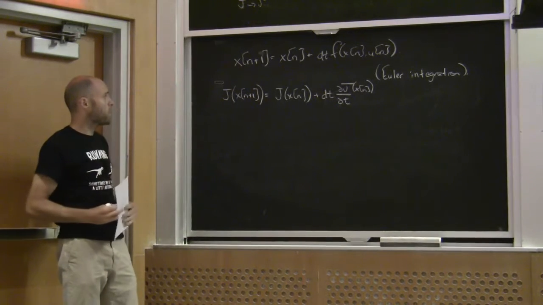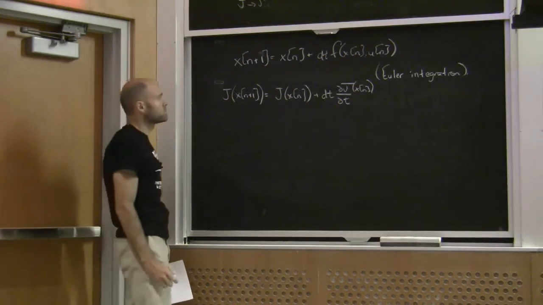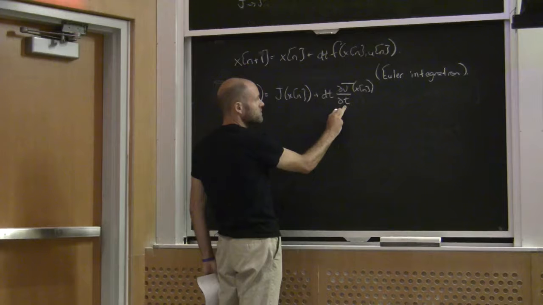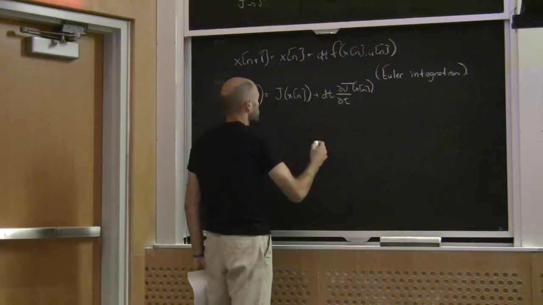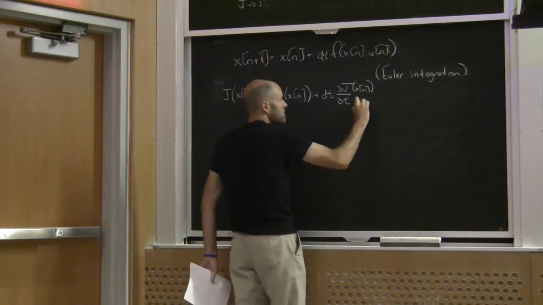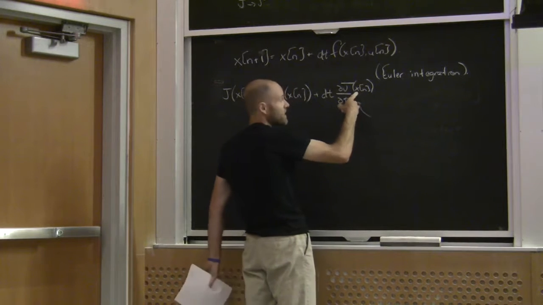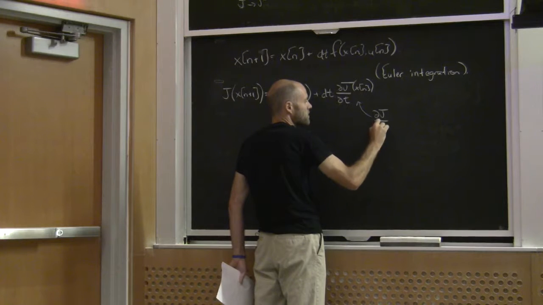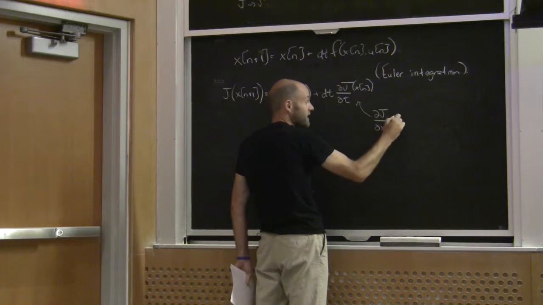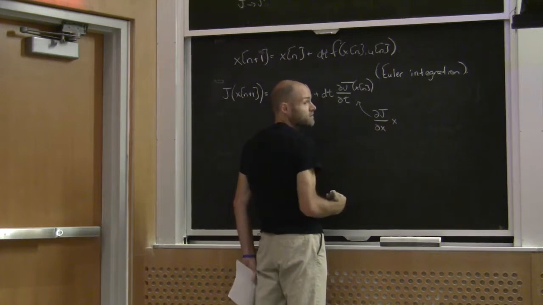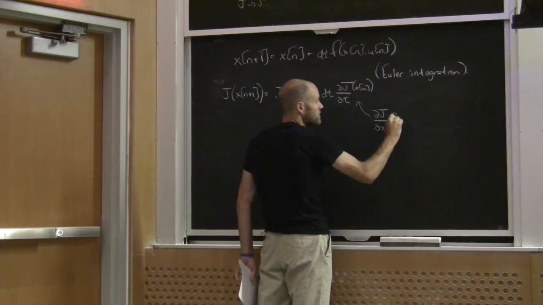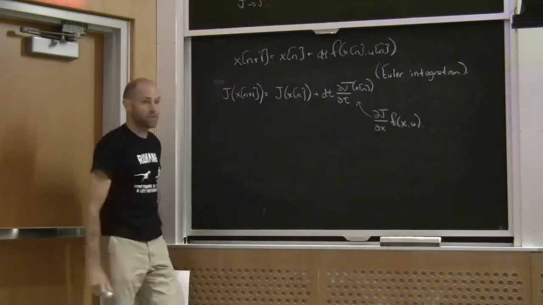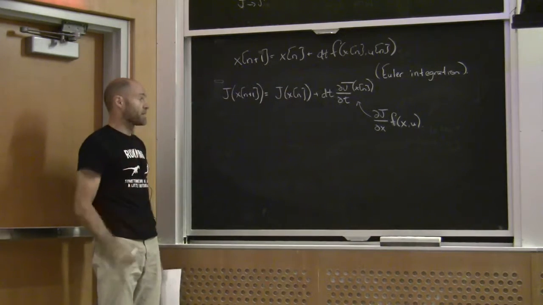Same idea. And what does the time derivative of J look like? Well, in this case its only dependence on time is through x. So that looks like partial J partial x times x dot. But we know what x dot is. It's f of x, u. So that's where that thing is popping out from.